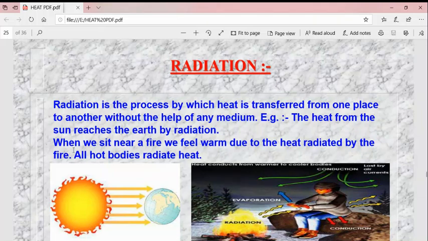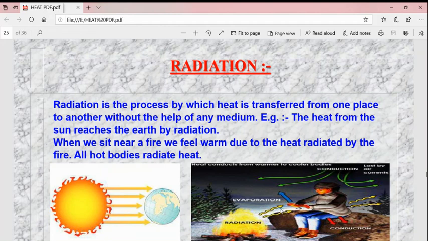For example, the heat from the sun reaches the earth by radiation. The sun emits electromagnetic waves. That means it is releasing heat energy which will directly reach the earth without any medium. Even when you sit in front of a fire and feel warmth, it is because the fire is radiating heat.